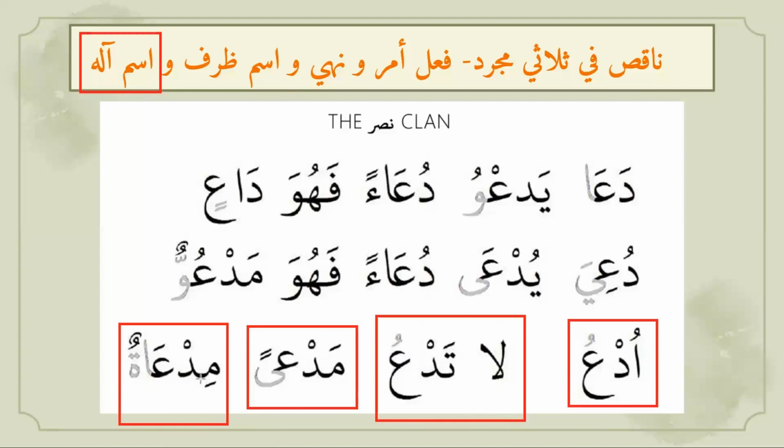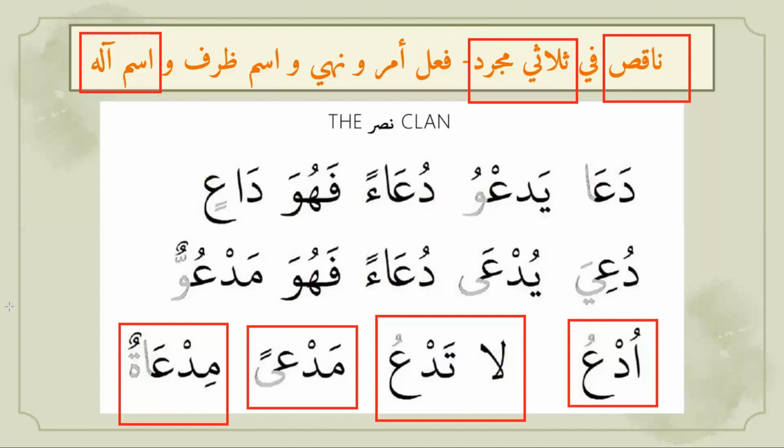Normally we don't mention the ism ala for every word or every family, but if the ism ala is on a certain specific pattern, then we do mention it sometimes. That's why, because we are doing Naqis, which is a special sarf. So it's Naqis coming from Sulasi Mujarrad, and it has a specific pattern for ism ala.